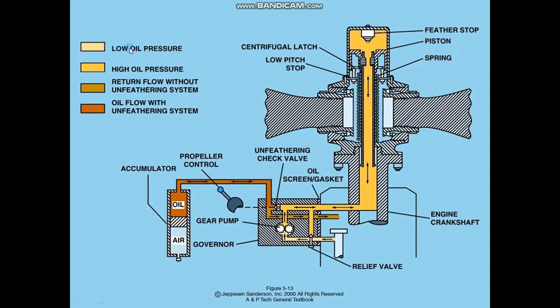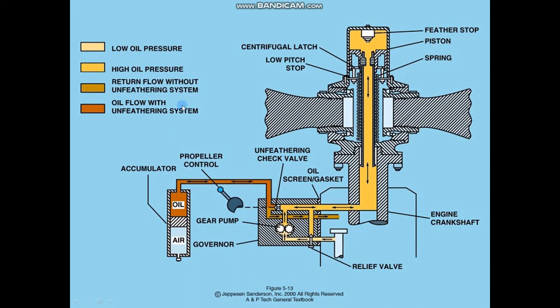Here, this identifies the low oil pressure. When we see this color, we have a low oil pressure, while the high oil pressure is specified after it comes to the gear pump and goes out. When the oil goes out from the gear pump, as they specify here, it will be high.